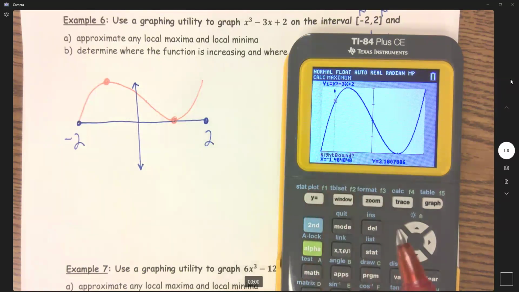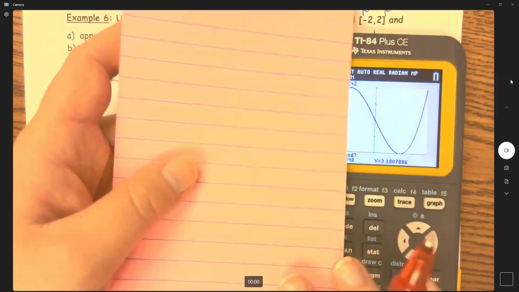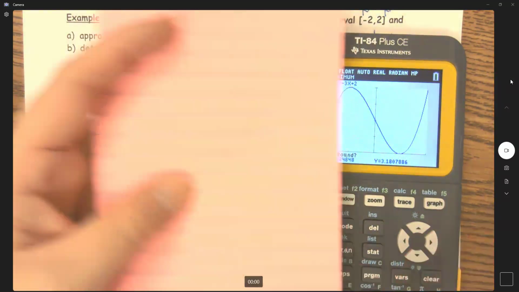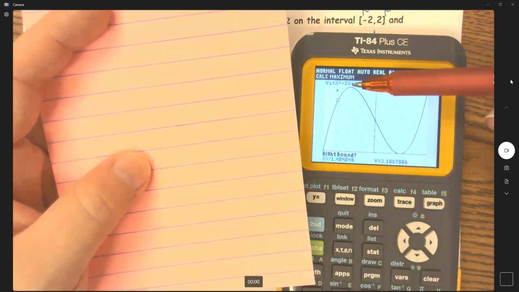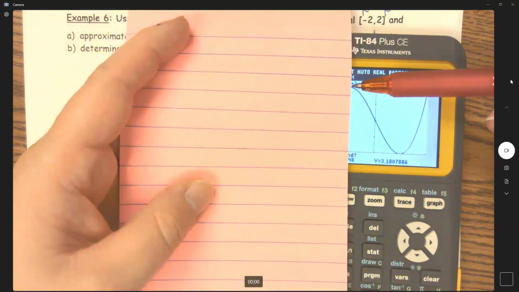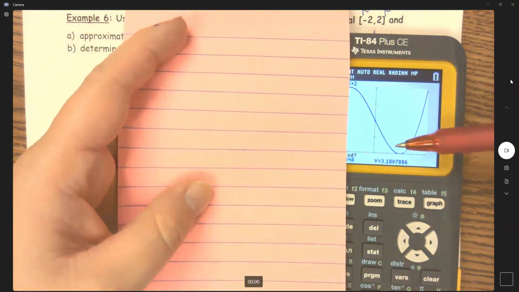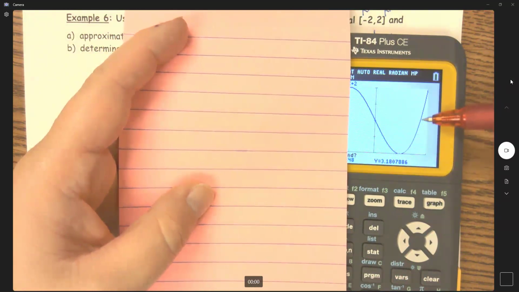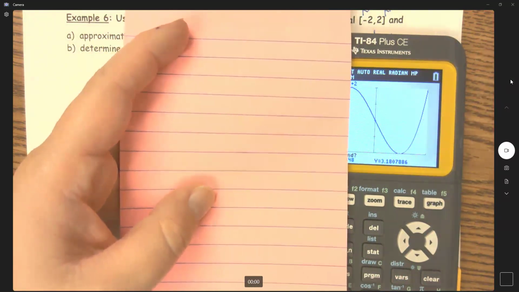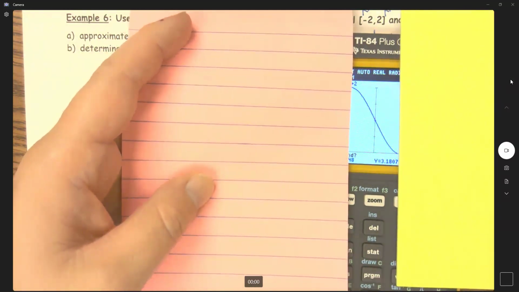And now it wants the right bound. Now be kind of careful with this. One, I want to go to the right side of where I think that max is. So my max is here. I want to go somewhere to the right, but you don't want to go past another local extrema. So I can't go way over here. I need to go somewhere in this interval of my graph.